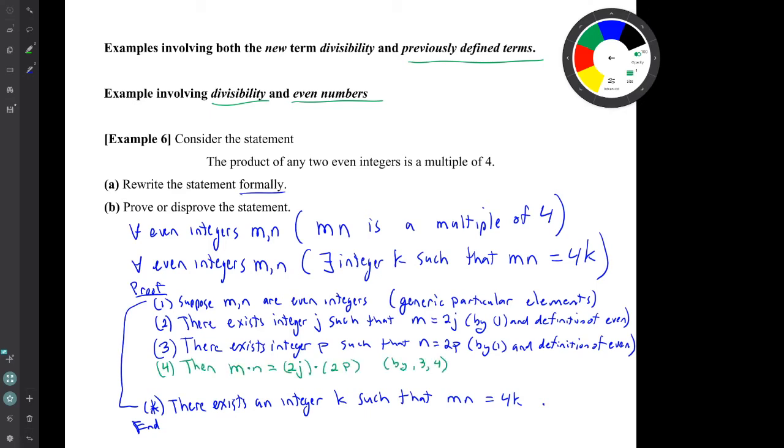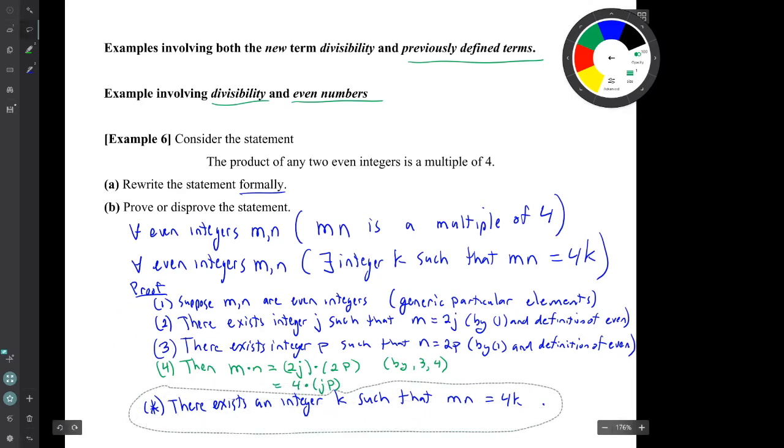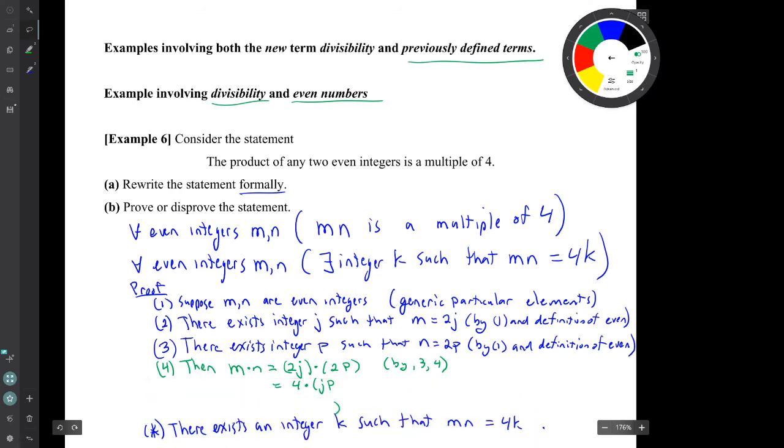mn is 2j times 2p. Oh, but that's easy. That can be rewritten as 4 times jp. Now I'm going to have to squeeze in a statement, so I'll make some room by moving this last statement down. Okay, so now I've got room for a statement to be squeezed in here.